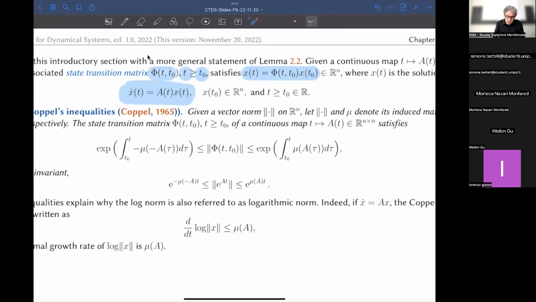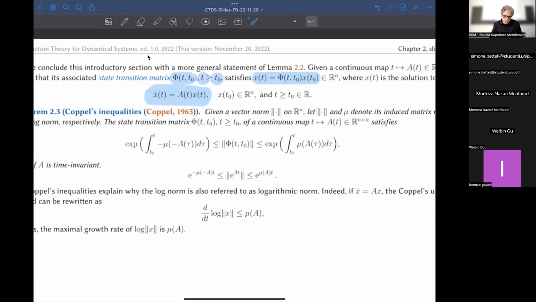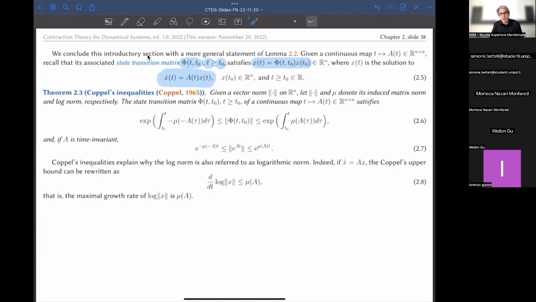It tells you that the solution of this time varying linear system is of this form: x at time t is equal to the state transition matrix multiplied by the initial condition at time t naught. And if you start at time 0, that's fine, t naught is equal to 0. That's not a problem. The state transition matrix in general may be complicated to compute. In fact, if you put arbitrary functions of time inside the matrix A, it's not available in closed form. You need to integrate a matrix valued ODE. It's not trivial. In the books, you will find very simple examples where they're integrated, but in general, it's not straightforward.